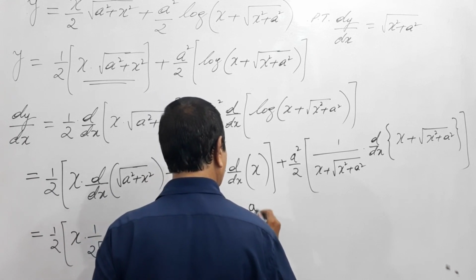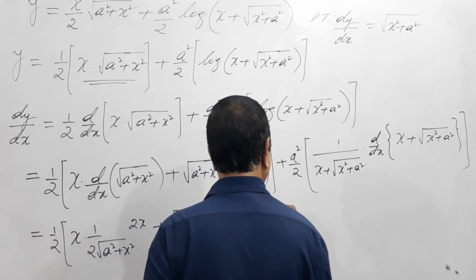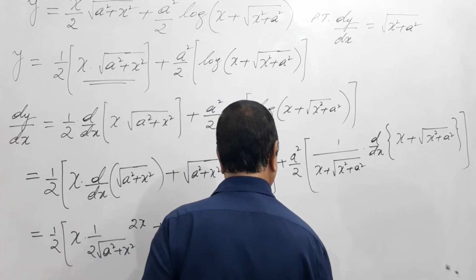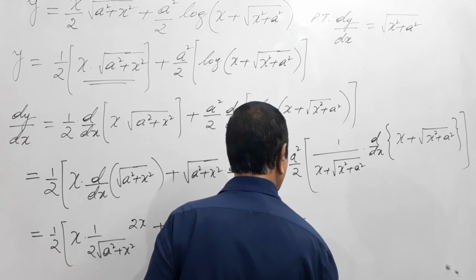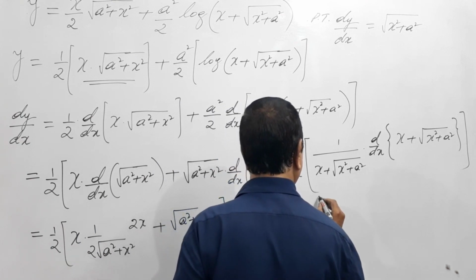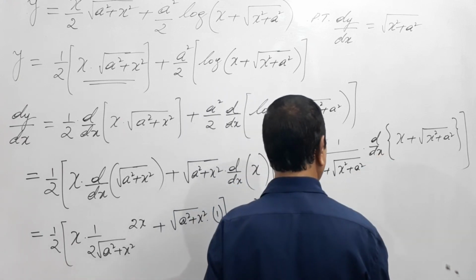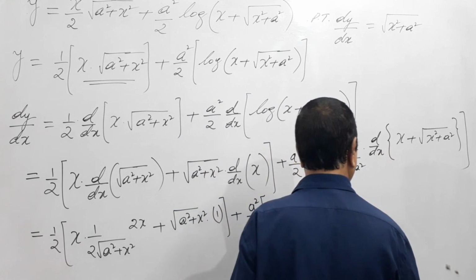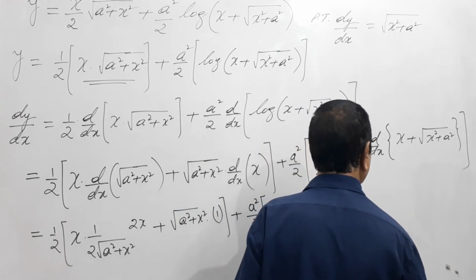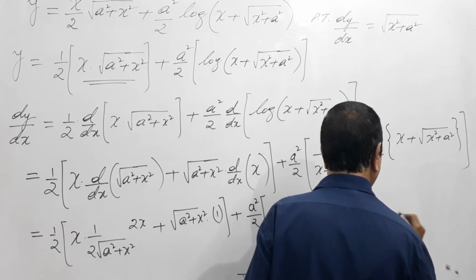Plus a square by 2. So this becomes 1 by x plus under the root x square plus a square. So dy by dx, this becomes what? 1 plus half x square by x square plus a square.